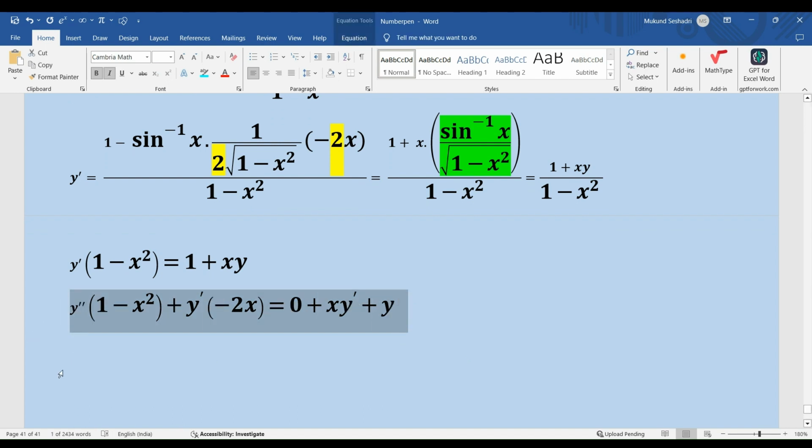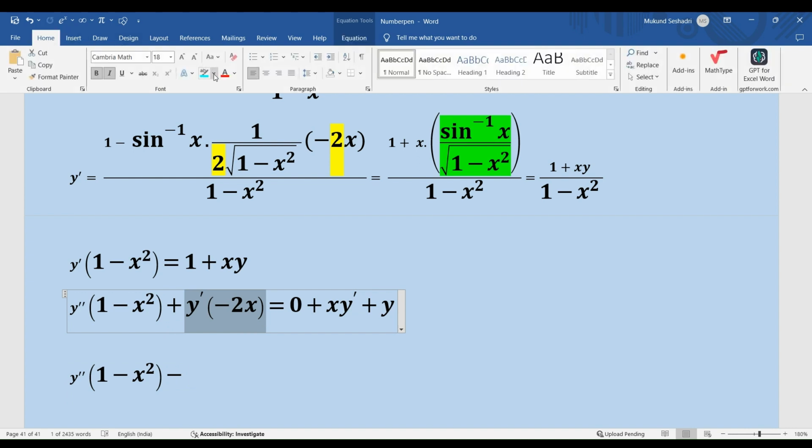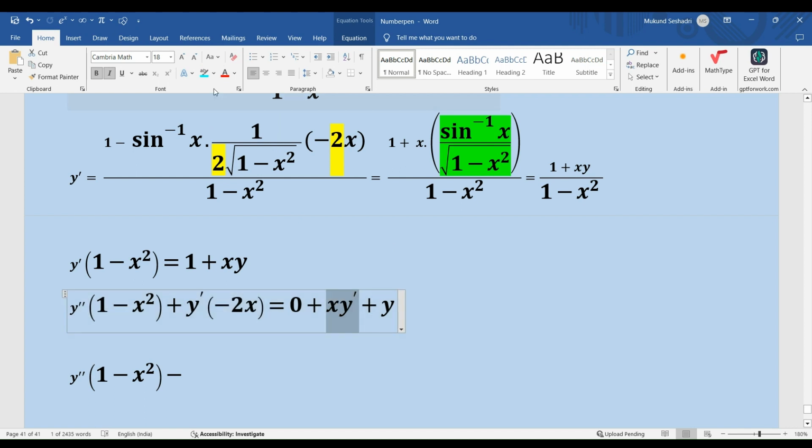So let us rearrange this particular expression. So y double dashed into 1 minus x square, I'll retain as it is because that seems to be a part of the expression we have in the question. And then look at this. I have a minus 2x y dashed out here. Let me highlight it in yellow. And then I have an xy dashed here, right? Let me highlight it in yellow as well.